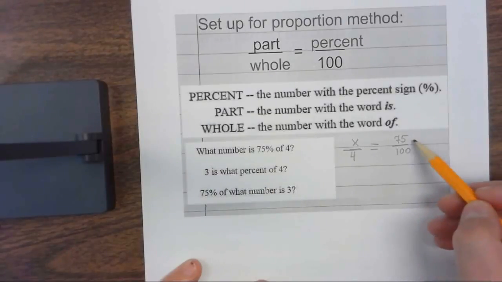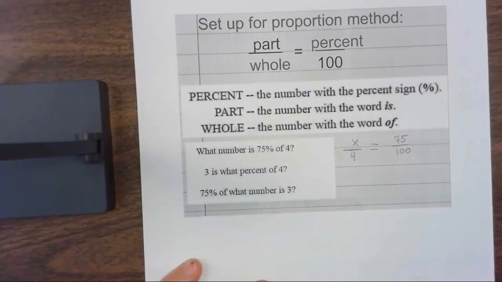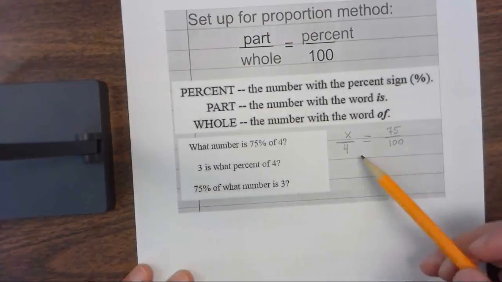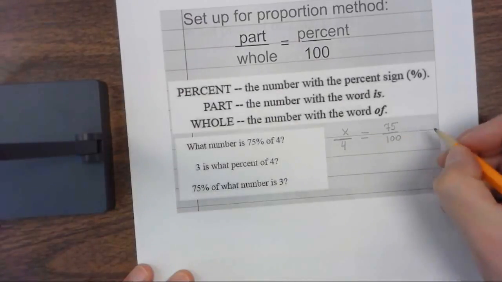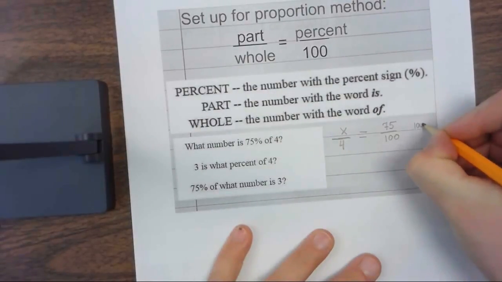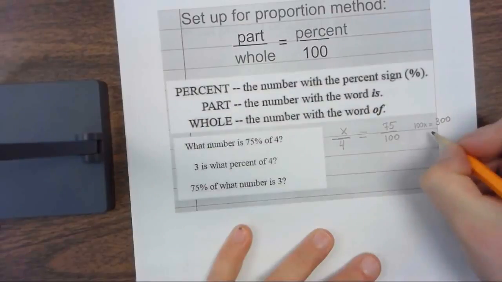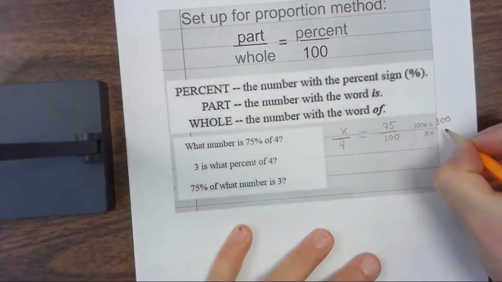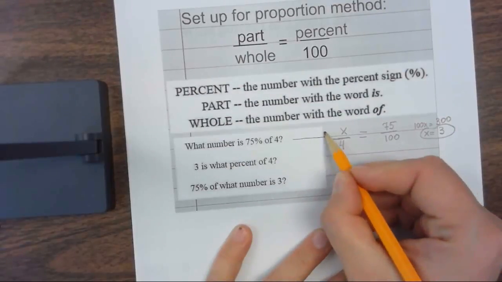So 4 times 75 divided by 100. Calculator if you want to. But you should know that 4 times 75 is 300. So I have 100x equals 300. So divided by 100, my number is 3. That's the answer for the first part right here.